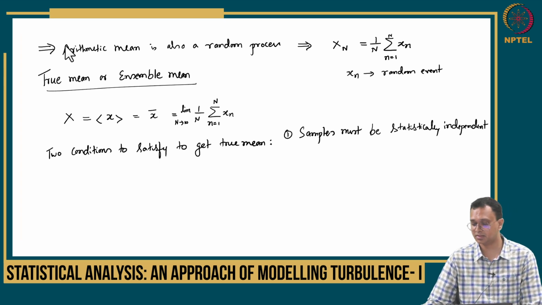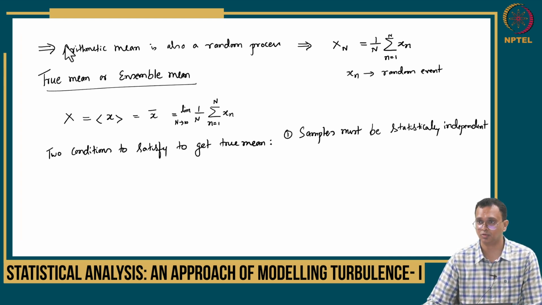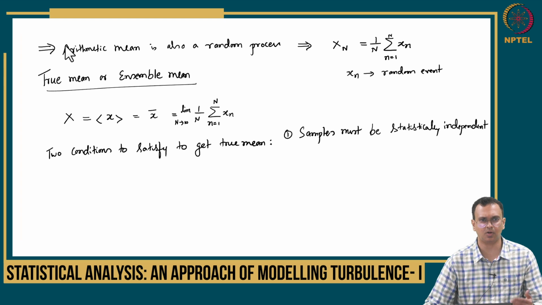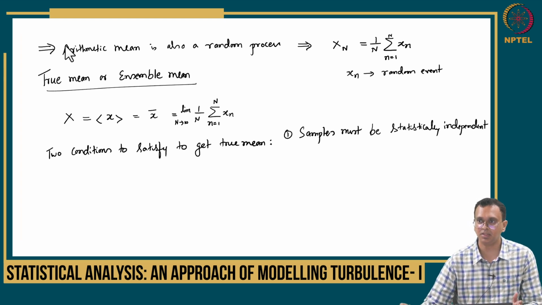So now this is not at all possible to do, right. Let's say today you have taken lots of samples, maybe 1 million samples, and it is still varying, and then you are tired, you go home, you come back tomorrow and repeat the experiment, okay. So you are continuing to take more samples. It is not always easy to get statistically independent samples. One realization will have an effect on the other one, okay.